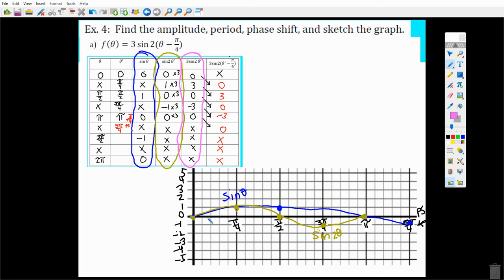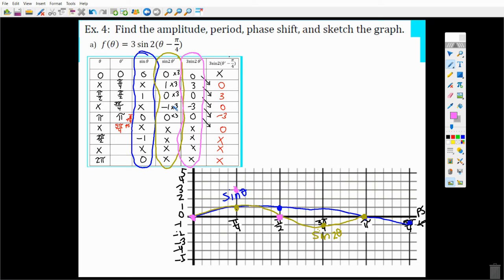That means all we're going to do with this green one is vertically stretch it by 3. So these values at 0, it's going to be 0 still. At pi over 4, it's going to be 3. So 1, 2, 3 up here. At pi over 2, that's basically 0 because it's 0 times 3.